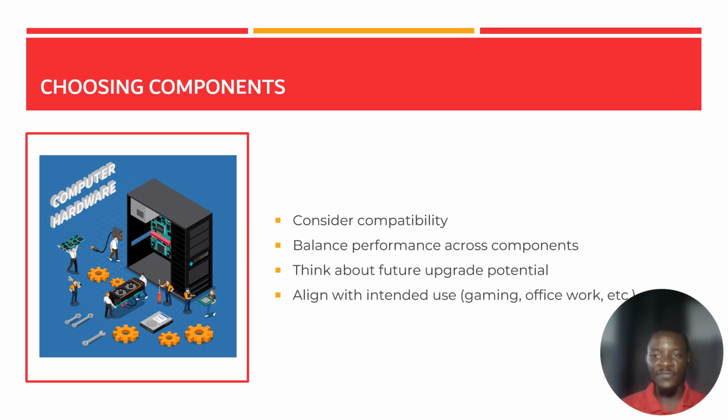Then performance balance. Aim for a balanced system. A very powerful CPU paired with minimal RAM and slow storage will result in suboptimal performance. So you don't just get a powerful CPU and give it a slow RAM and a slow storage device.